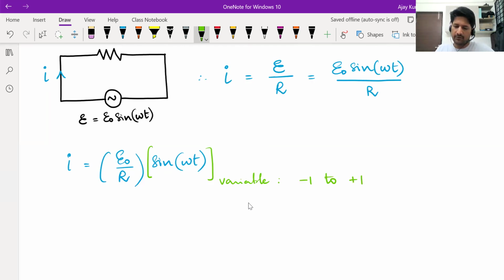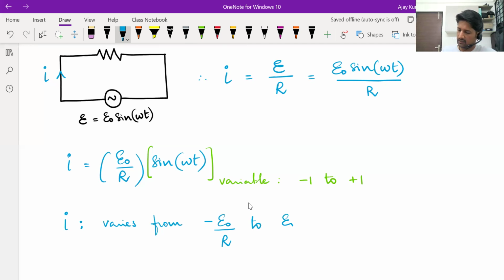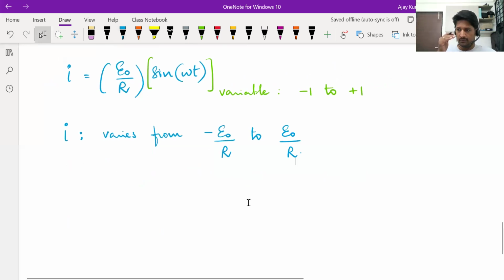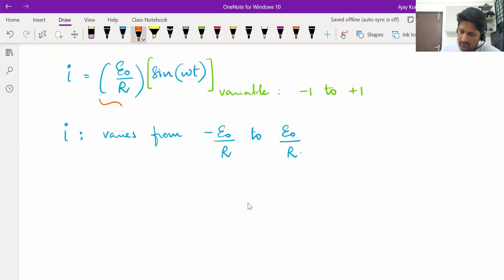If the sine function varies from -1 to +1, then what can you say the current varies from and to? When the sine function is -1, current will be minus E naught by R. And when the sine function is +1, it will be plus E naught by R. So from 0, it can rise to plus E naught by R, or fall to minus E naught by R. Maximum current is E naught by R. So we call this term the peak current, I naught.